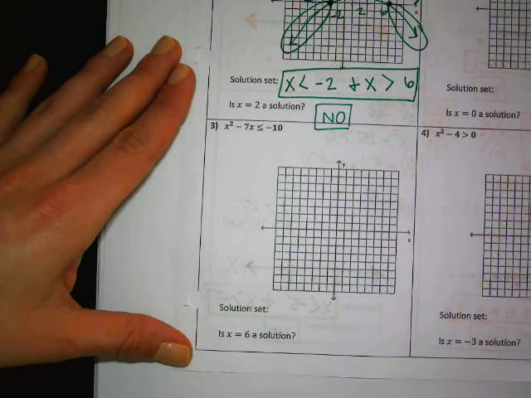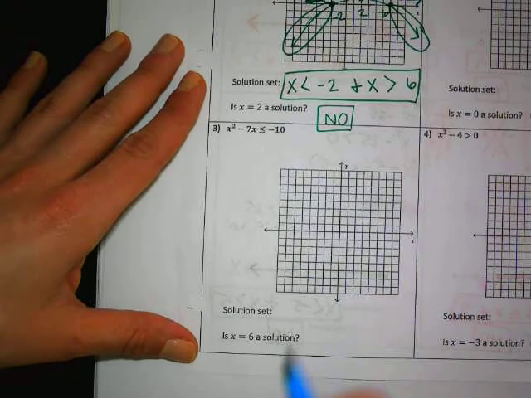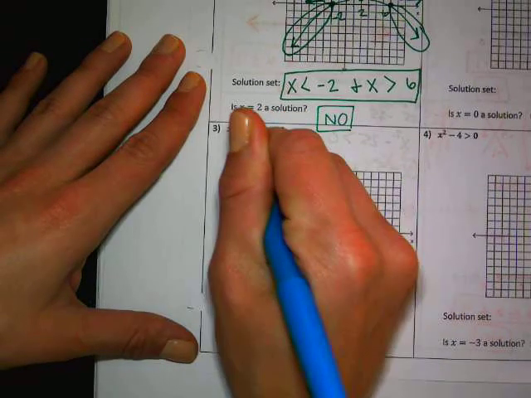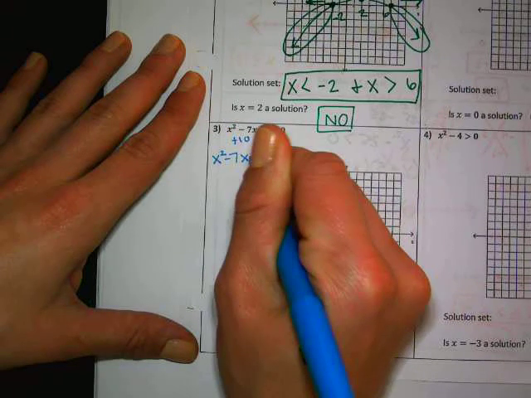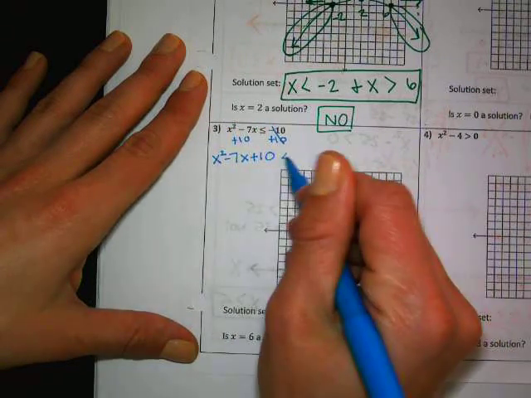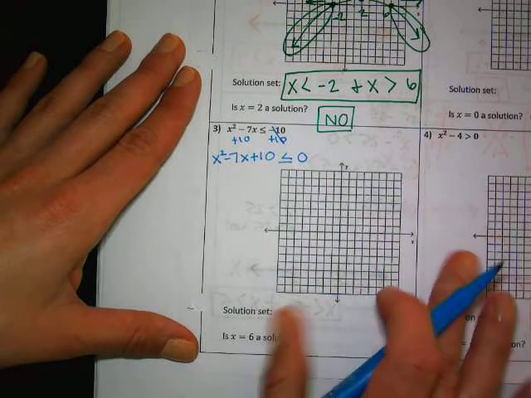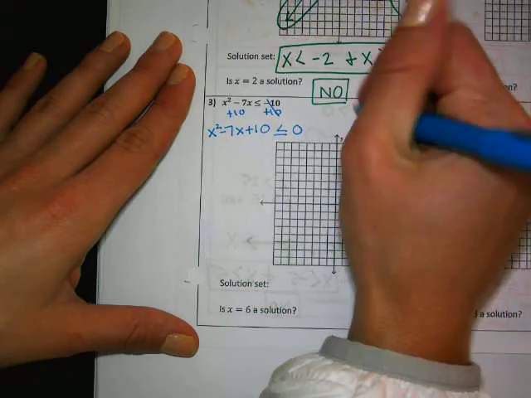So what's the first thing you want to do on number 3? Get it out to one side, plus 10. Very good. Move the 10. X squared minus 7x plus 10 less than or equal to 0. All right.